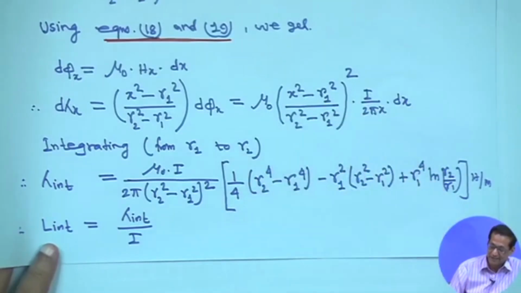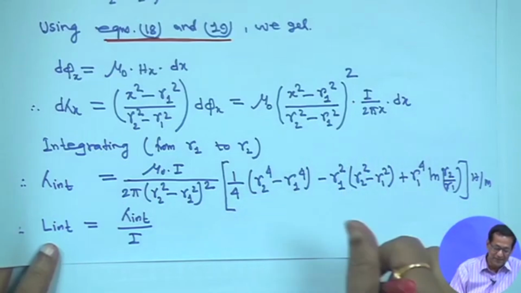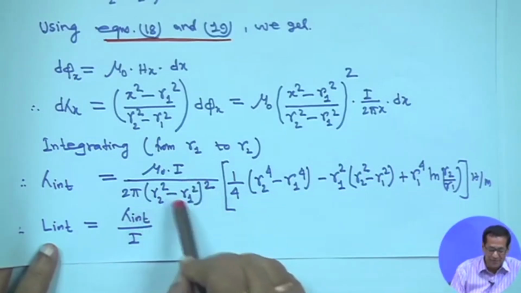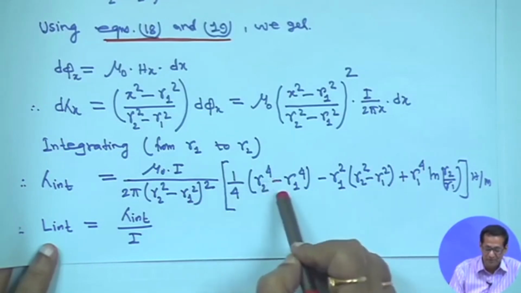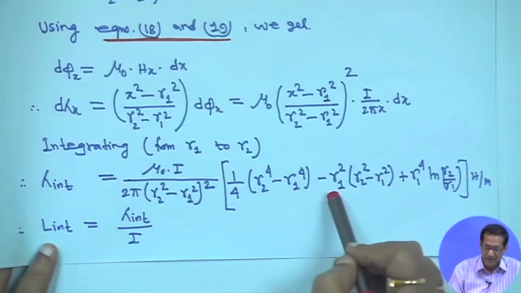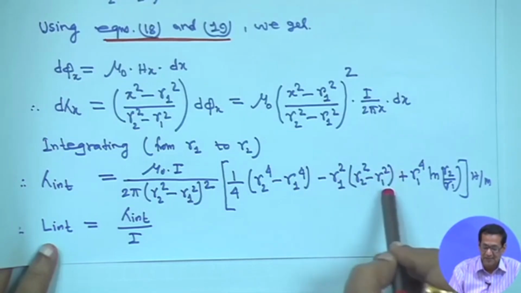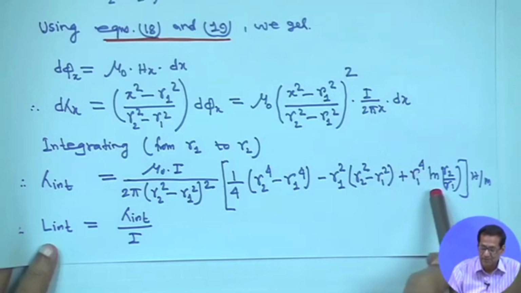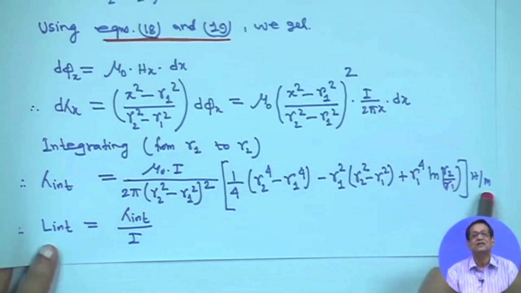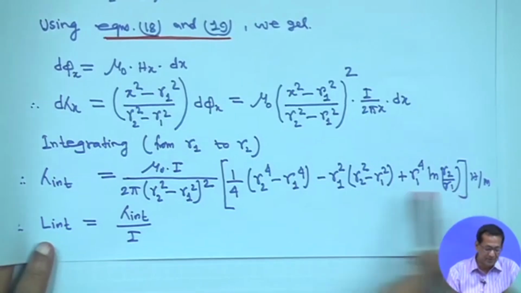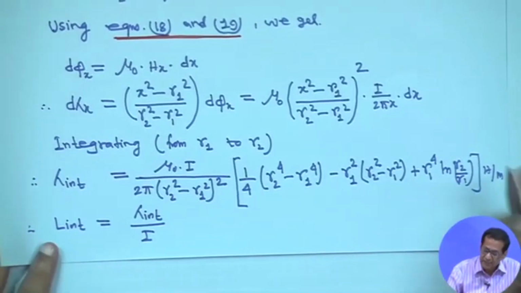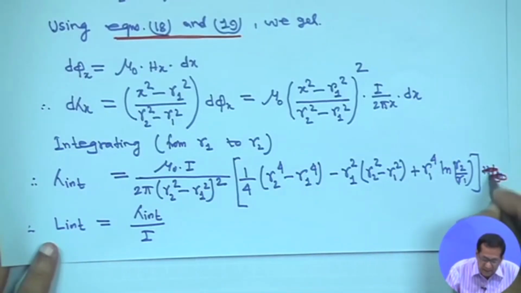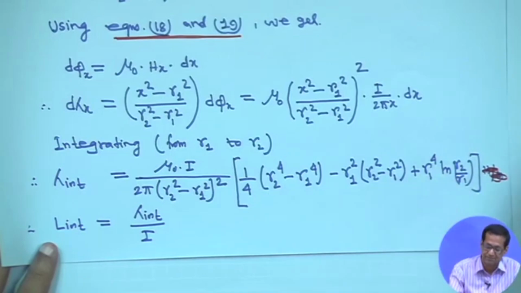In this case you will get mu 0 into I upon 2 pi (R2 square minus R1 square) whole square, in bracket 1 upon 4 (R2 to the power 4 minus R1 to the power 4) minus R1 square into (R2 square minus R1 square) plus R1 to the power 4 natural log ln (R2 upon R1), bracket close. This is lambda internal. Sorry, this is not Henry per meter, this is flux linkage in Weber turns.